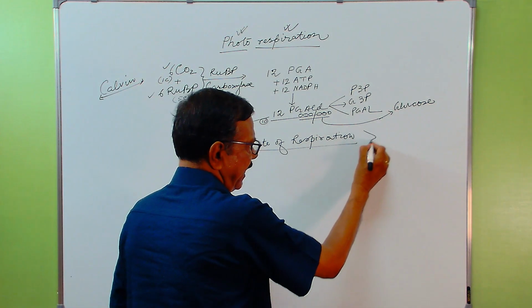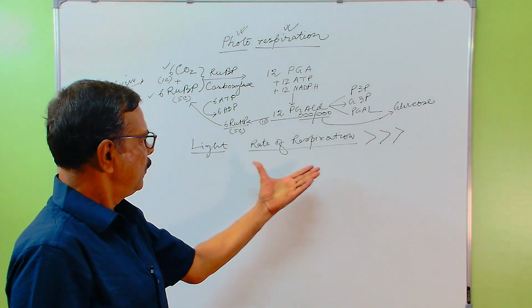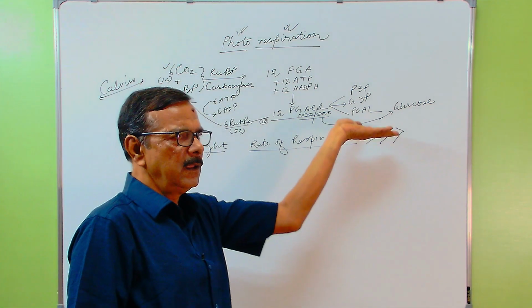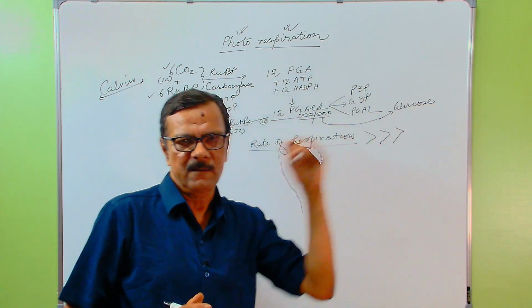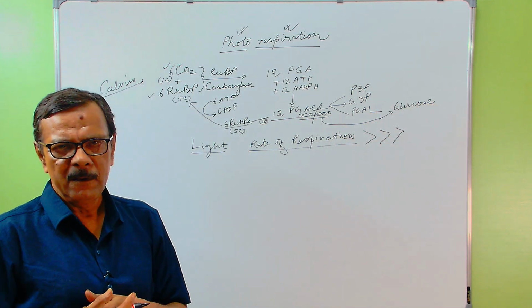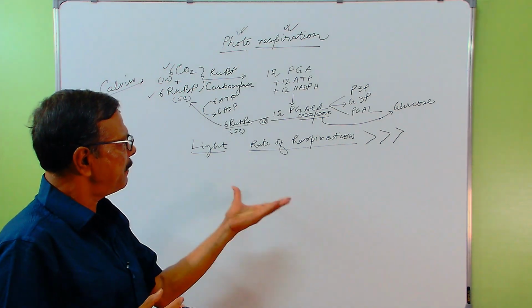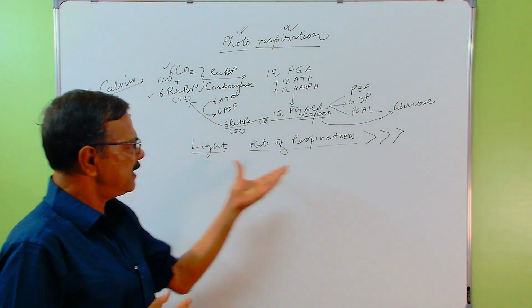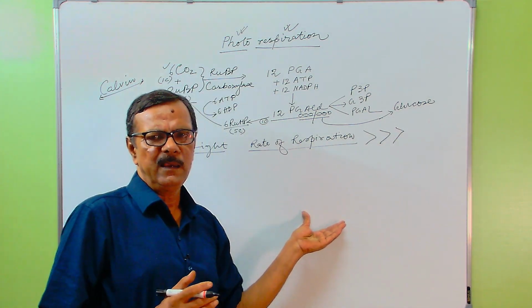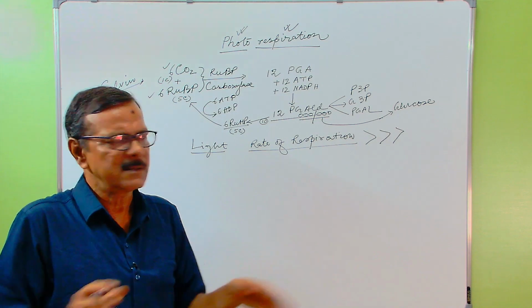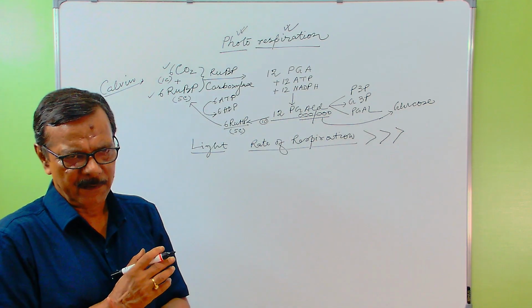So respiration is more in the daytime than in the dark. Scientists were astonished, wondering what actually happened, because in the light the rate of respiration increases compared to the dark. In the dark, the rate of respiration normalizes. So there must be something inside.